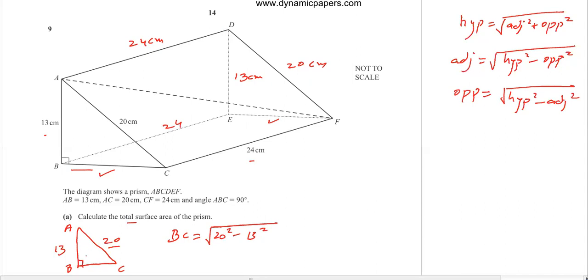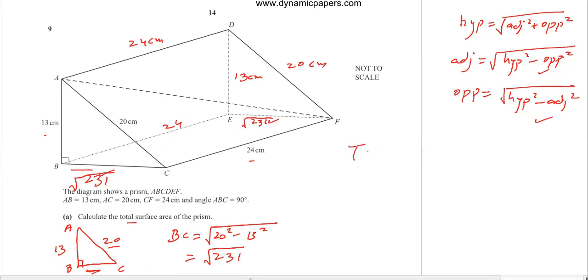In this case, suppose this is adjacent or opposite, the same rule will be applicable. So I'm using this technique here. That will be root 231 if you find it. It means this is root 231. If this is root 231, this will also be root 231. Now you can easily find the total surface area.